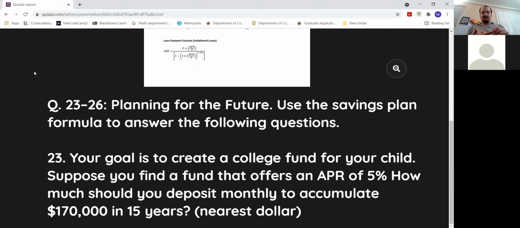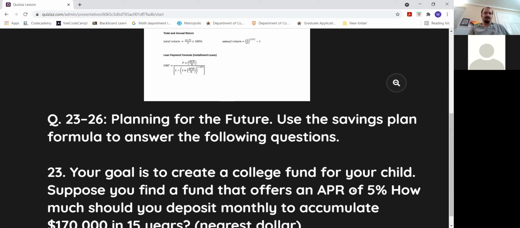It is kind of similar. We put in money, we keep putting in money. The big difference here is we're making payments. Your goal is to create a college fund for your child. Suppose you find a fund that offers an APR of 5%. How much should you deposit monthly to accumulate 170K in 15 years?